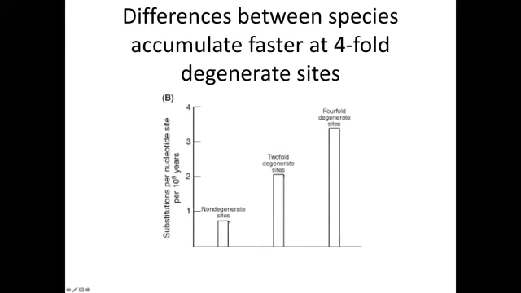And why is this? Because the changes between us and chimps or us and humans that change the amino acid sequence, like for example these ones, are going to be more drastic and more likely to be harmful and more likely to be eliminated in the evolution of divergence between 2 species.